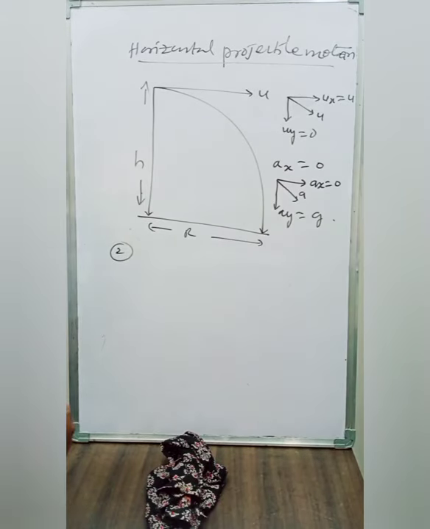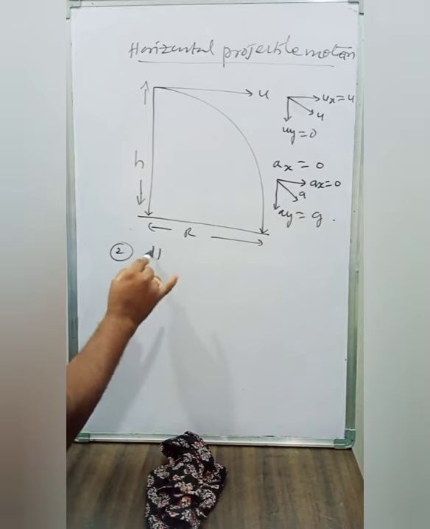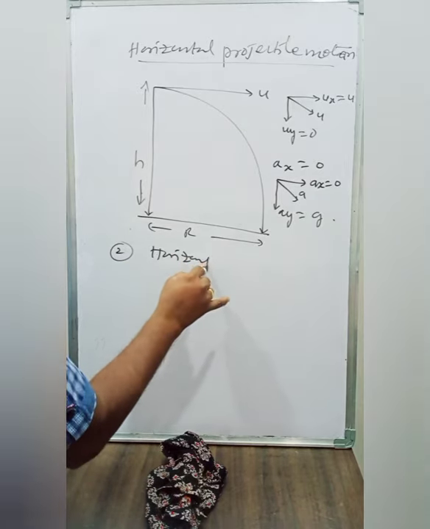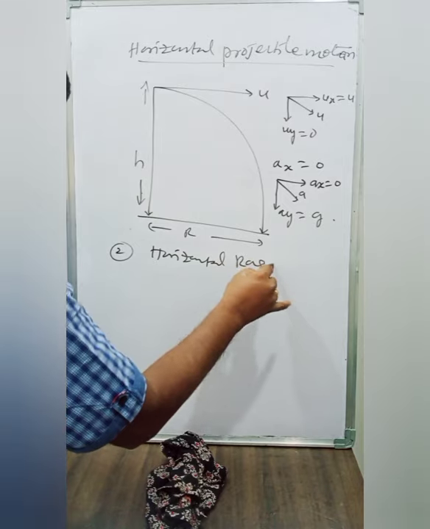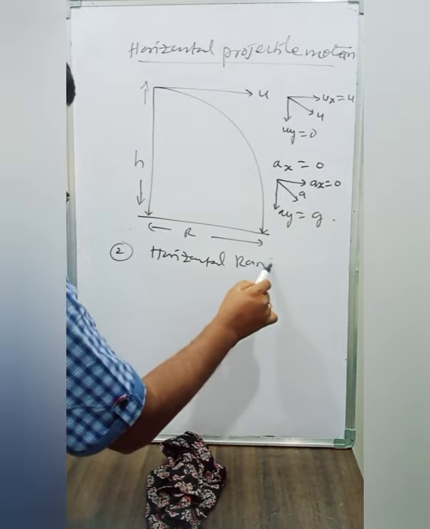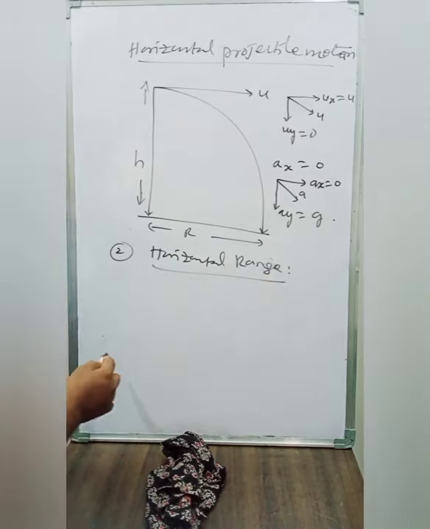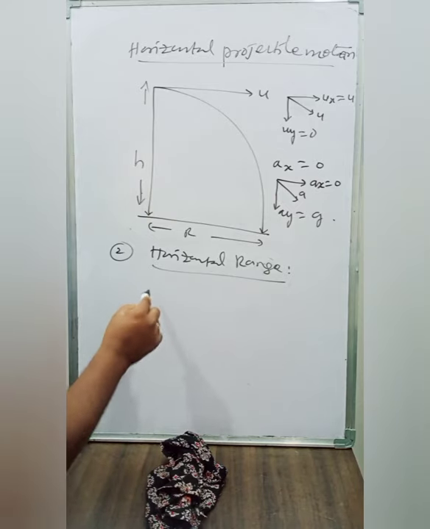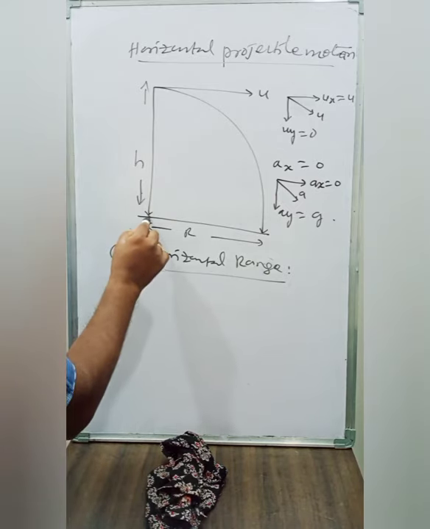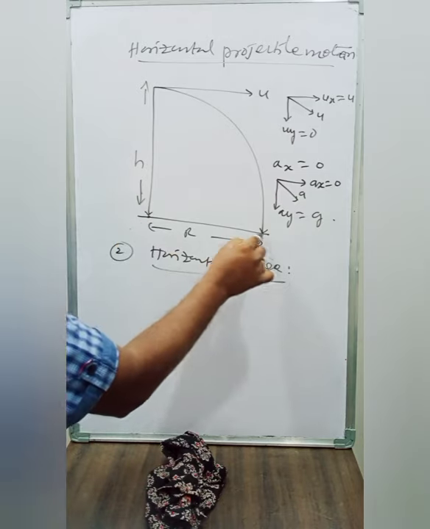Now we have to calculate the horizontal range. Horizontal range is the distance between the point of projection and the reached plane.